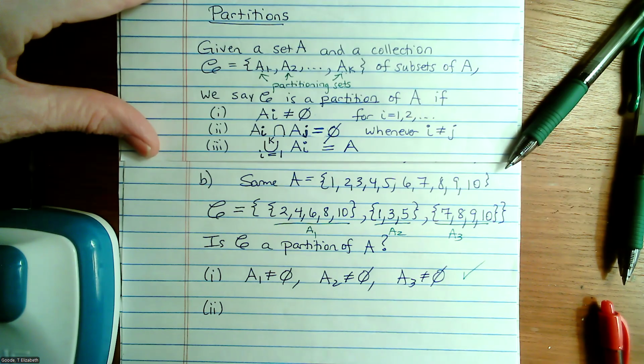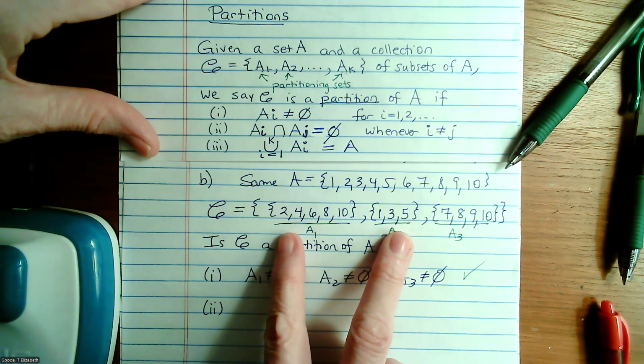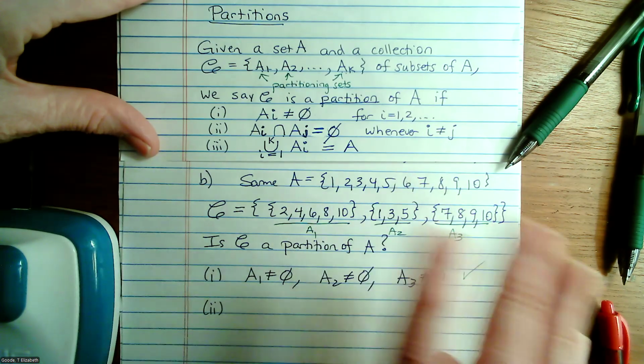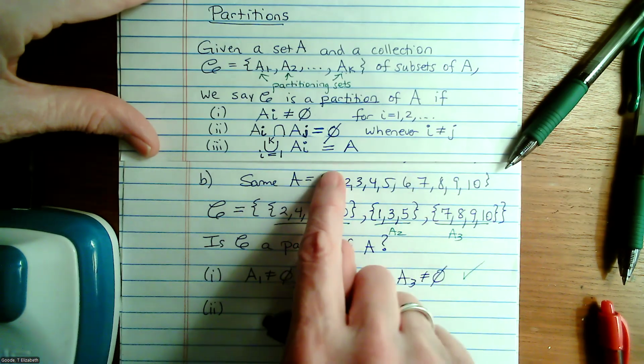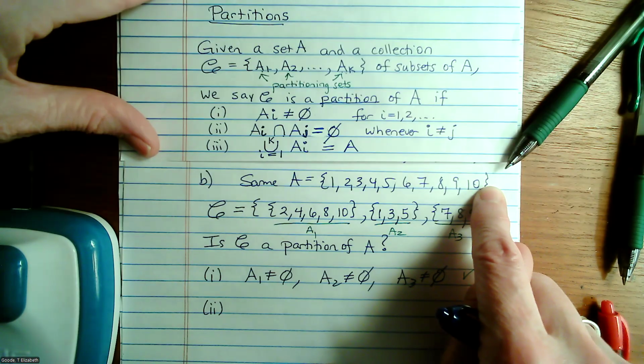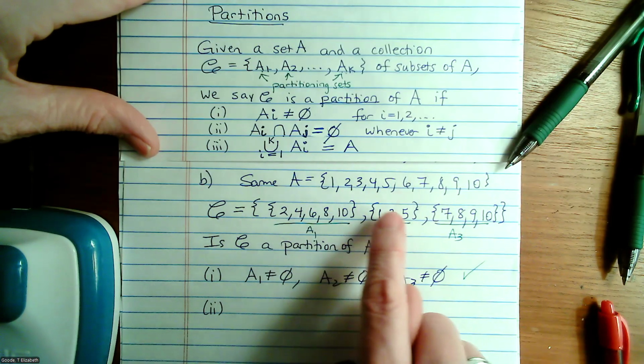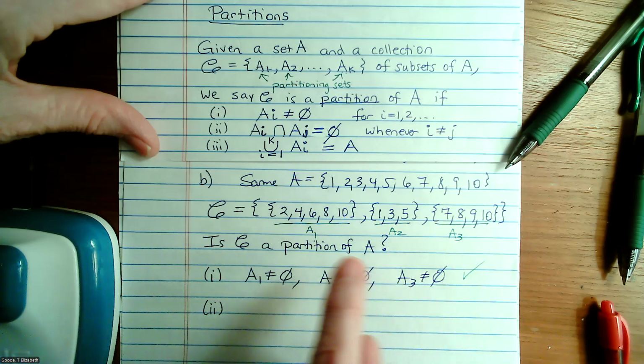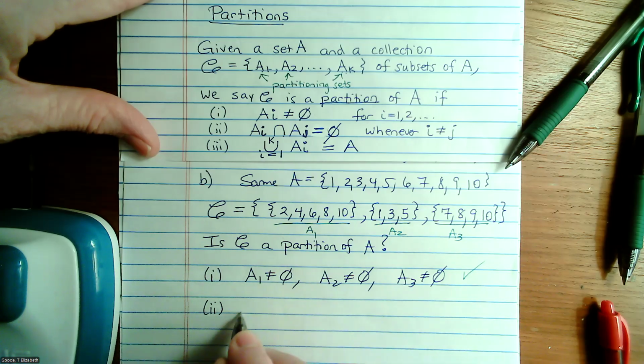It's mutually disjoint. Yeah, that means if you take them two at a time, is their intersection empty? Another way to think about it is, do you see any element of A appearing in more than one of these sets? Okay, so tell me exactly what you see appearing in which two sets.